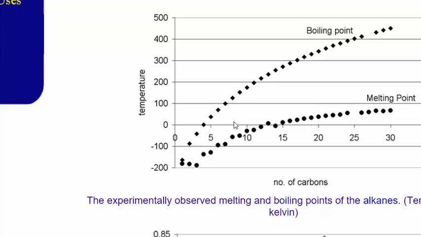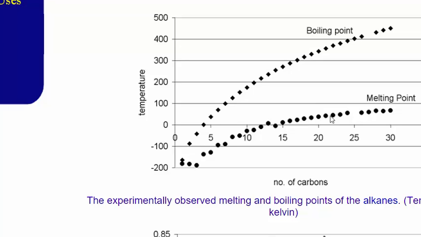So at room temperature, everything in between here will be liquid. All these will be liquids at room temperature, from about 8 carbons to about 18 carbons.